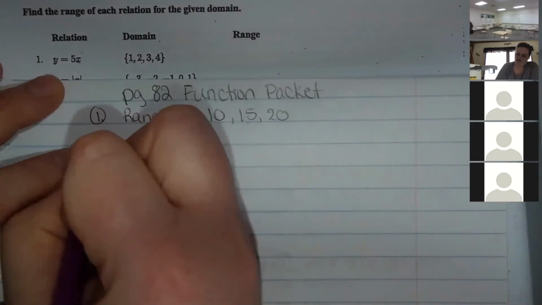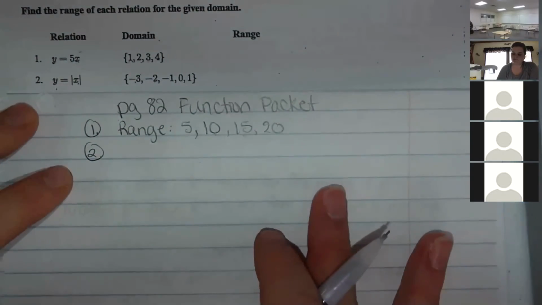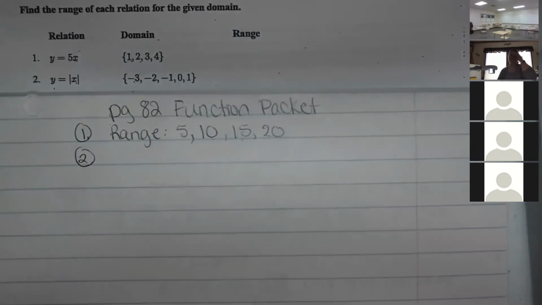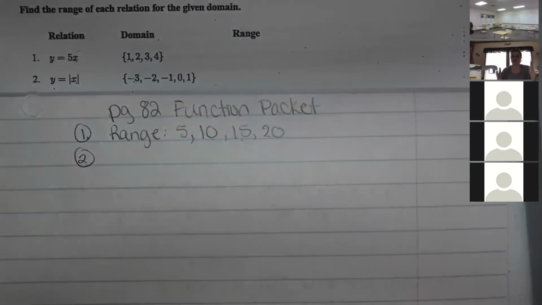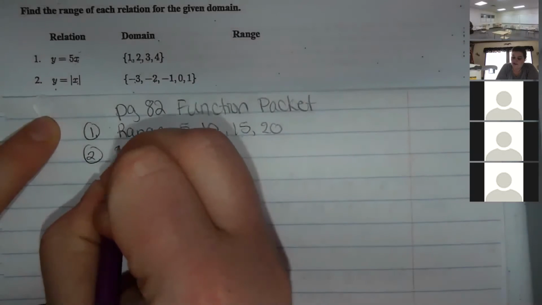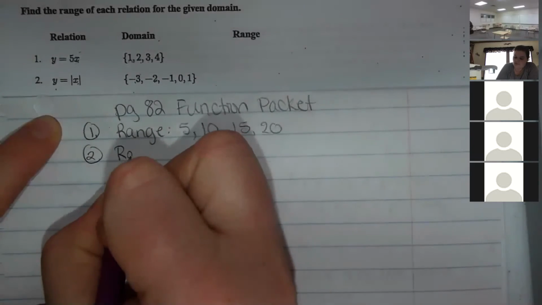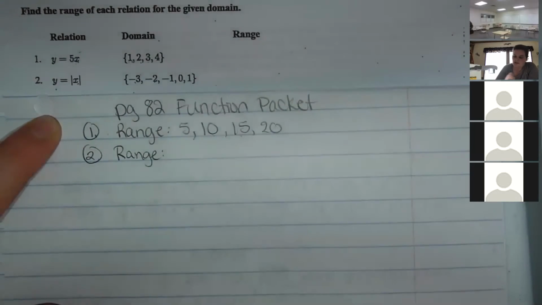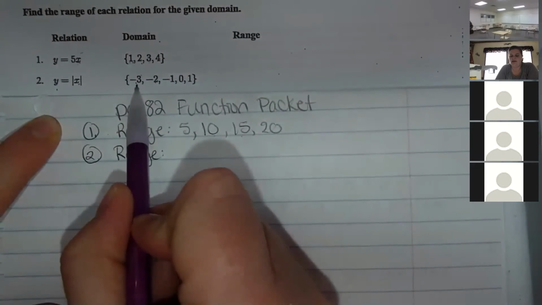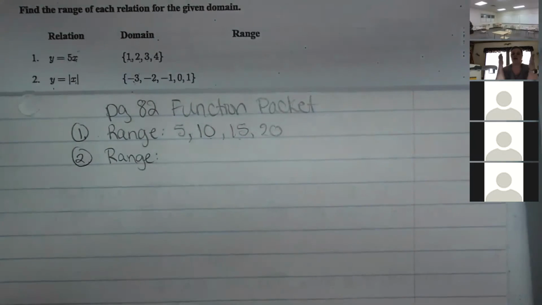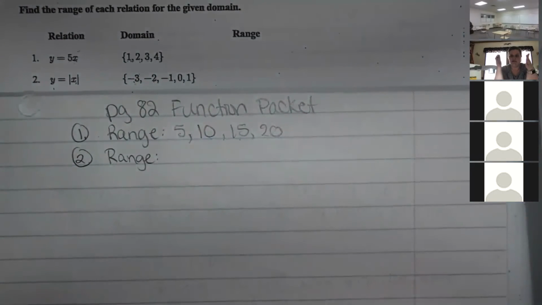Number 1 is done. Now we're going to move on to number 2. This is saying the absolute value of X. Remember, absolute value is the distance from 0. So how many hops from 0? I'm going to try to put out my range. If I put in -3, how many hops from 0 is -3?